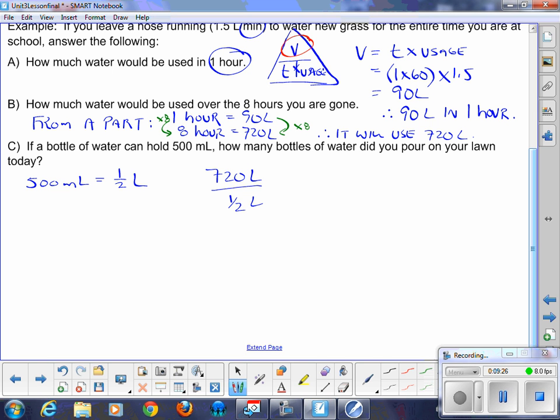And I guess keep the L's in there. You don't really need the units. So this is our total amount. This is the portion size. So when you do the division on that, 720 divided by 0.5 or half, that's 1,440 bottles of water.